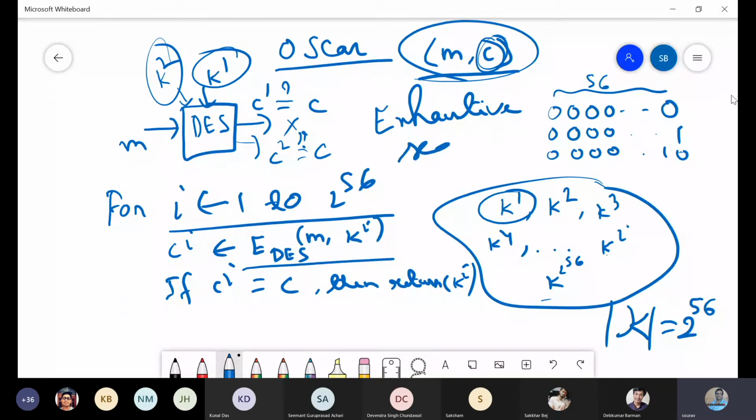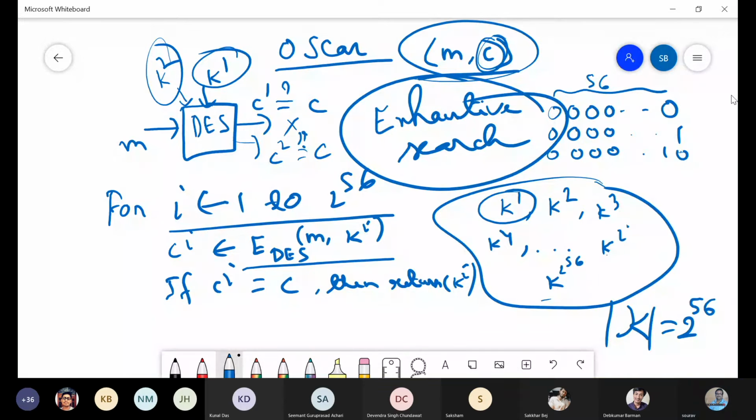Exhaustive search or brute force attack, because we are exhaustively searching for the key in a key space. So what is the time complexity? How much time are we spending for this attack? Any idea? We are just choosing a key and checking whether it is the right key or not. For that we need to do the encryption.